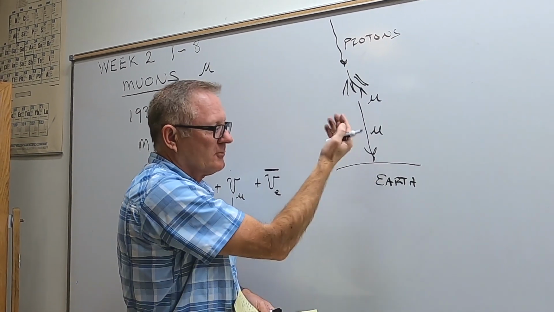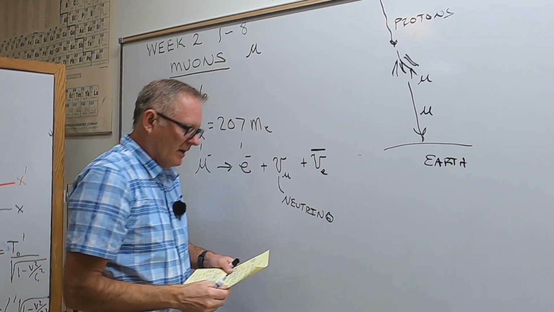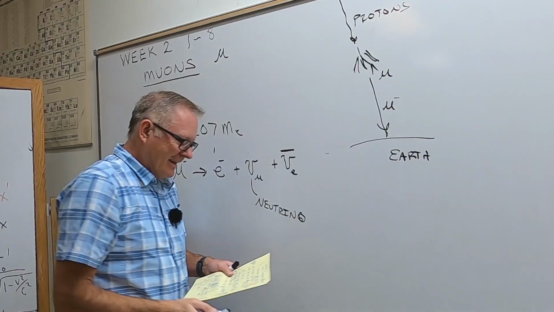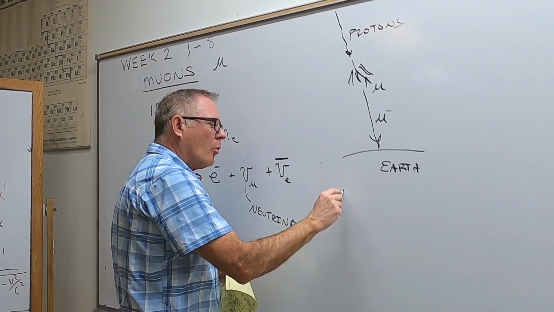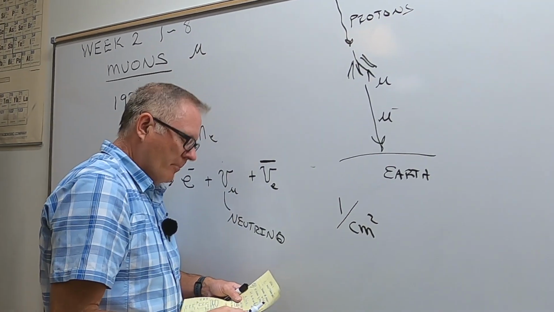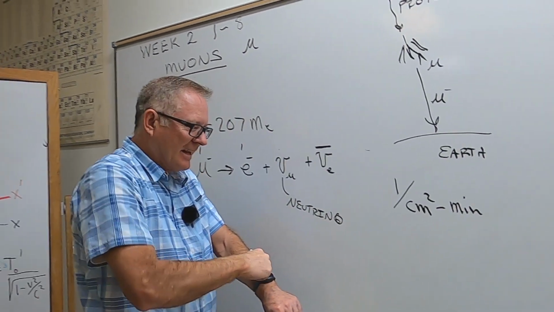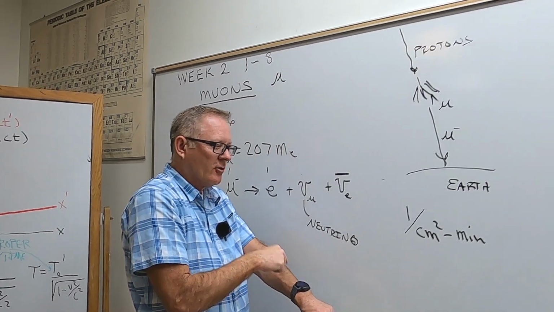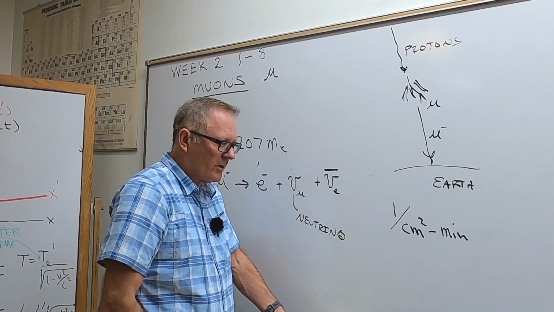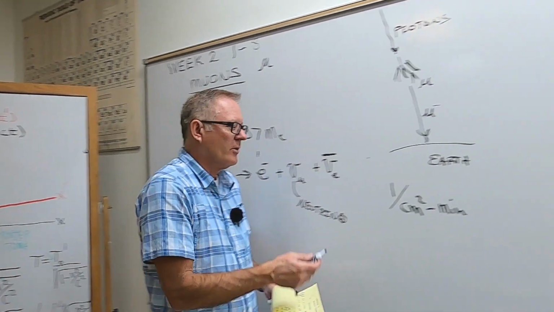This is probably the most dominant radiation we're hit by from up above. From the Earth, it's radioactive stuff in the dirt, but up above, it's these muons. We're getting hit by about 1 per square centimeter per minute. So if you add up all your square centimeters, there are probably quite a few per second going through us right now.